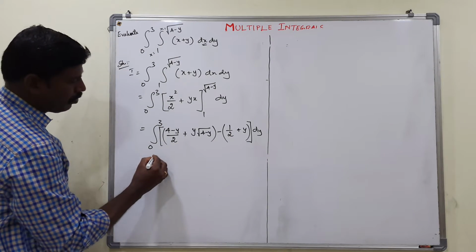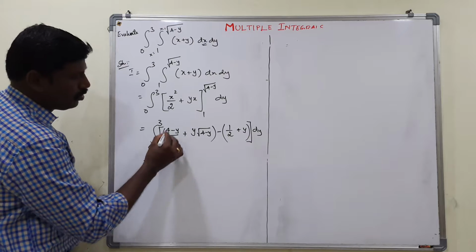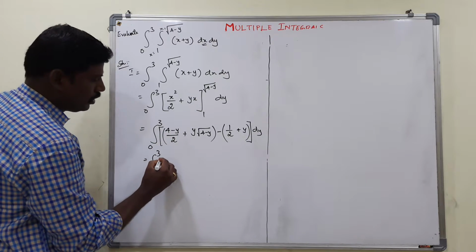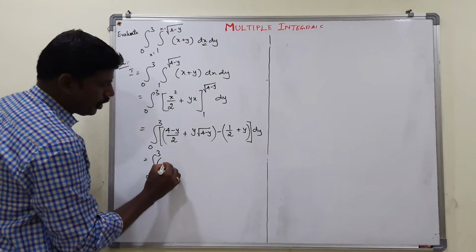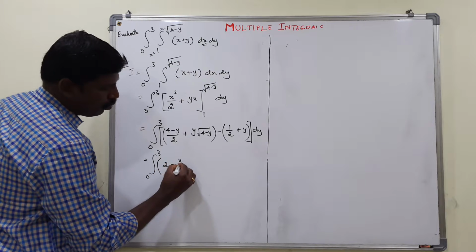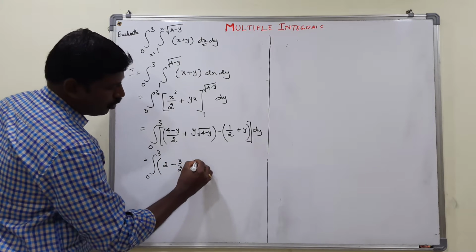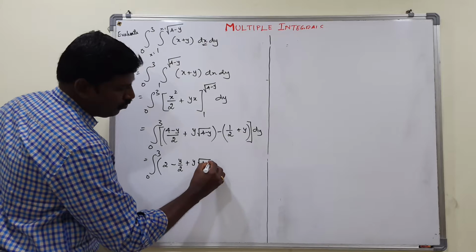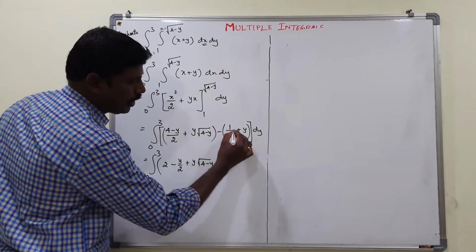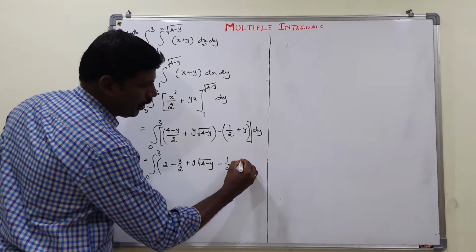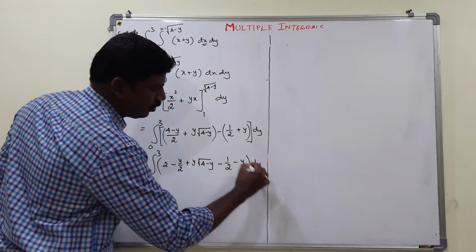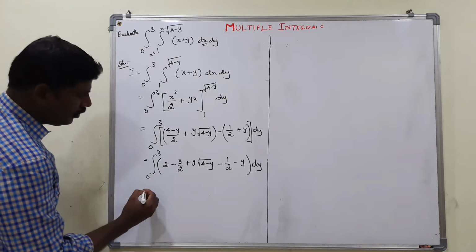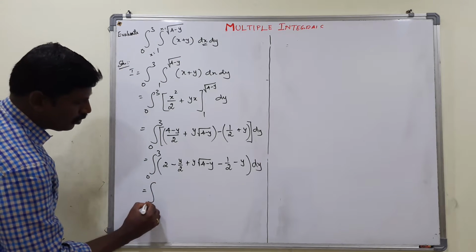Now I am going to simplify this. 4 by 2 can be written as 2, so this can be split into 2 minus y by 2, plus y into root of 4 minus y, minus 1 by 2 minus y, into dy. Okay? So that is equal to integral 0 to 3.